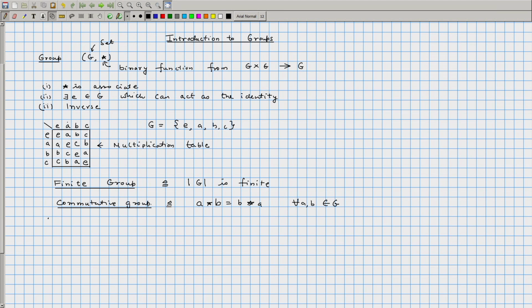For example, if you take the set of integers, they do form a group, but when we say group we need to mention the operation as well. So Z under plus, the usual arithmetic addition, is a group.